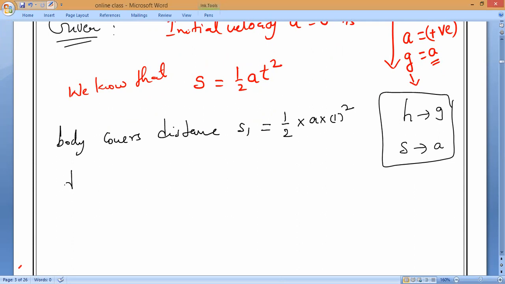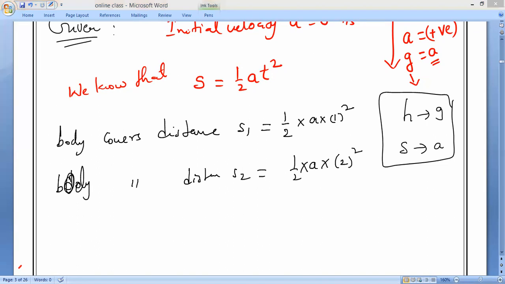Same way, the body covers distance S2. S2 is equal to 1 by 2 into a into 2 square. Next, the body covers S3. S3 is equal to, everyone?